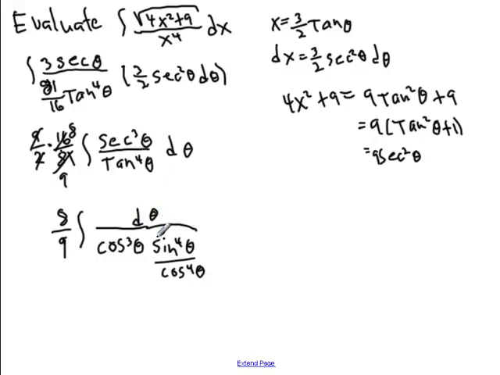So we can simplify this a little bit. We cancel off the cosine cubed here, that'll leave just one cosine down in the denominator. So our integral will become 8 over 9 integral d theta of sine to the fourth over cosine theta. But when we divide by a fraction, what we can do is invert the fraction. So this would become cosine theta d theta over sine to the fourth theta.